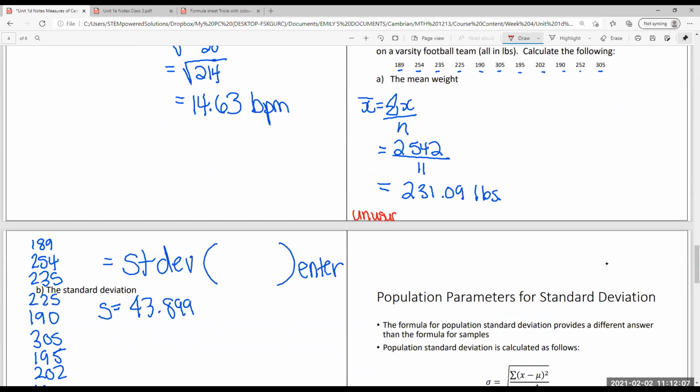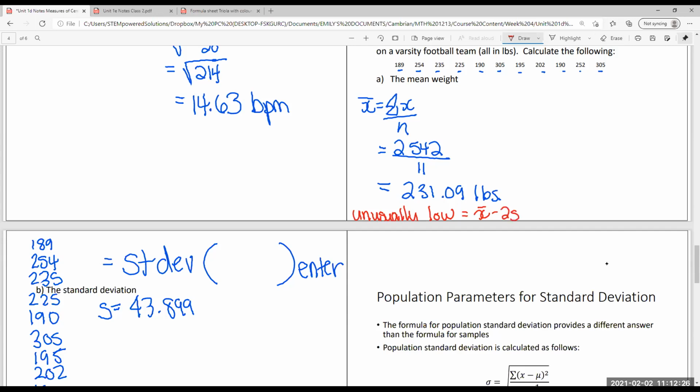Unusually low would be equal to our mean minus 2 standard deviations.